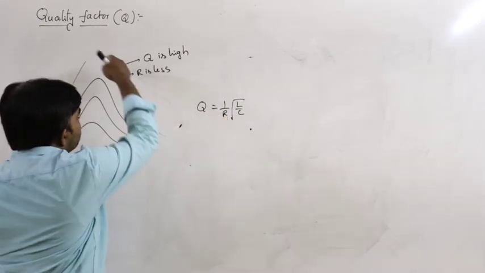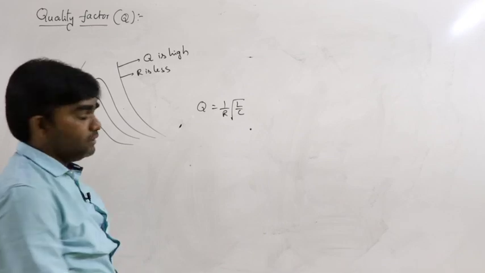If R is equal to 0, then the sharpness of the curve is infinity.